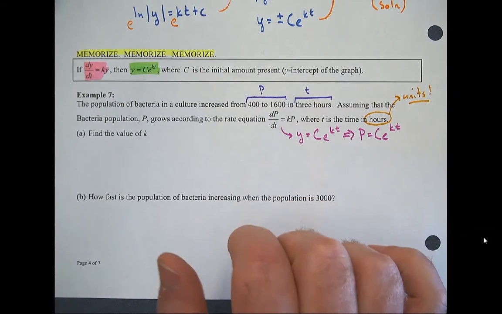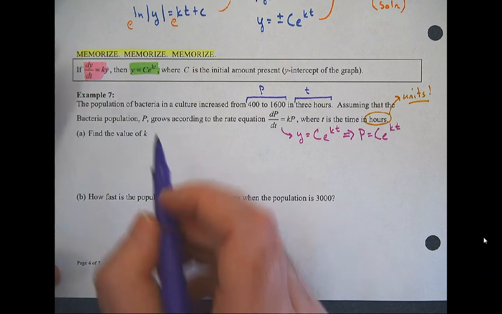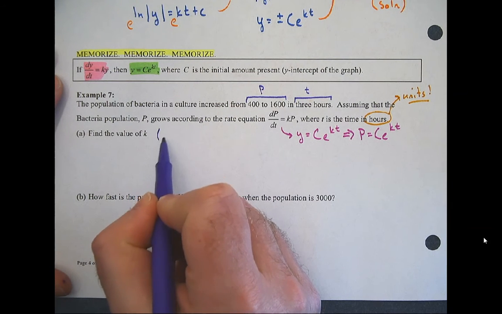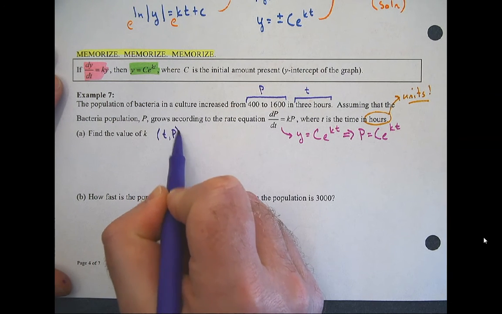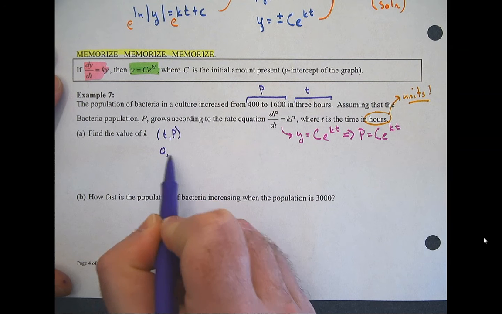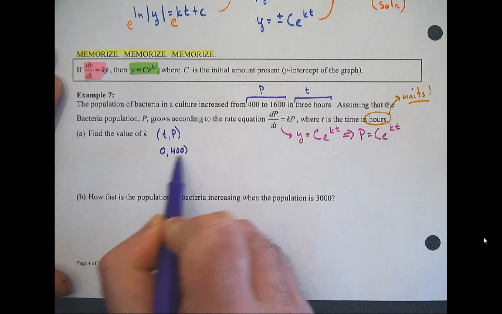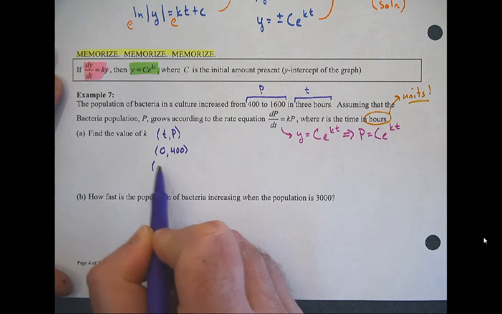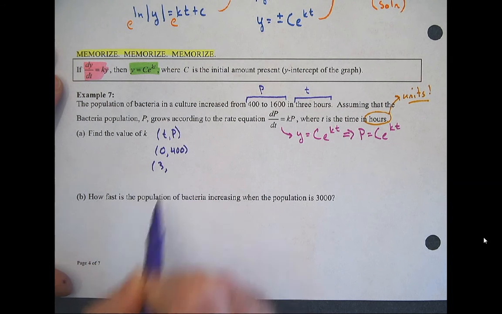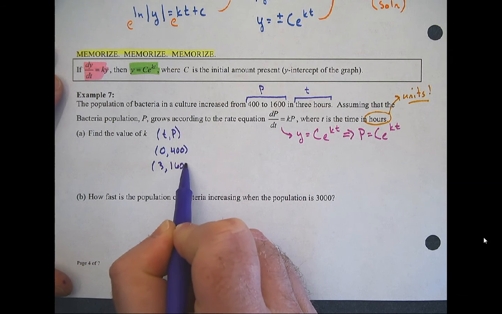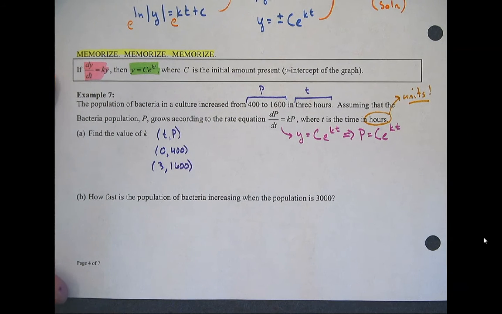At time 0, remember my points are time and then the population, what was the population? 400. And then 3 hours later, what was the population? 1,600. Now you've got to think these through. They're not going to be problems where you can just always do what we did last time. You've got to think it out.